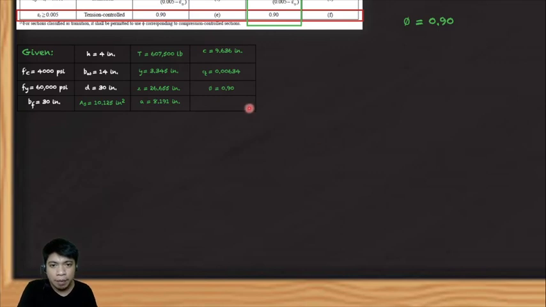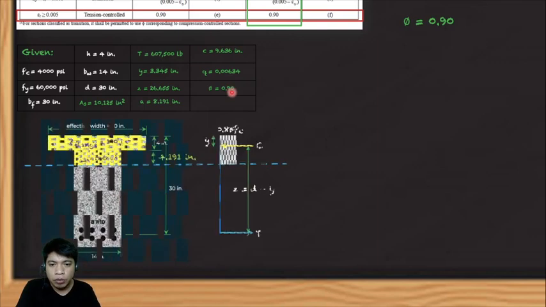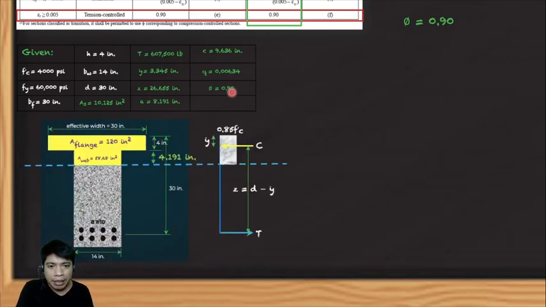I already placed here the tension strain and the phi. Again, our Mn is the moment created by these two forces, the T and C, and that is this moment, which we call the nominal moment, or Mn. So we are going to compute for the phi Mn, so we multiply the value of phi by Mn.